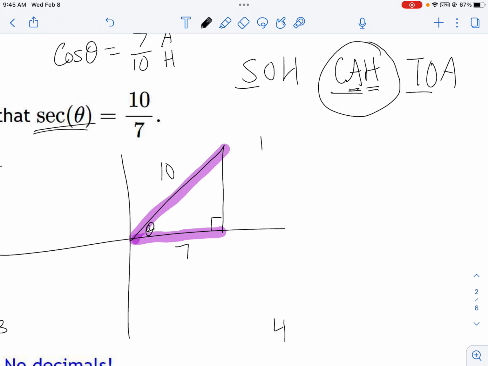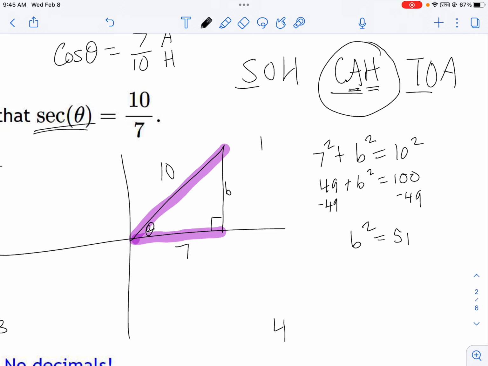So you say, that'd be your leg squared, plus your other leg, which we don't know, I'm going to call it b, equals your hypotenuse squared. So that'd be 49 plus b squared equals 100. Subtract the 49 from both sides, and we get b squared equals 51. We undo a square with a square root.